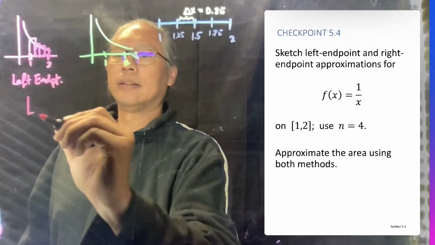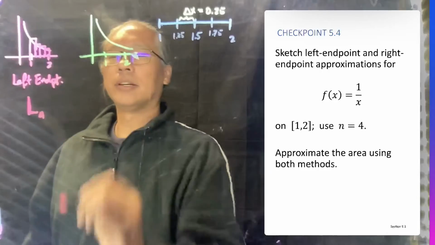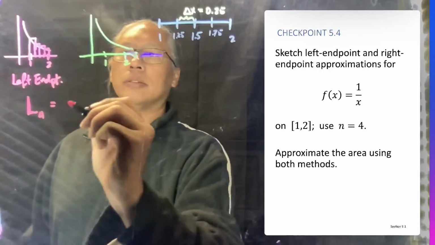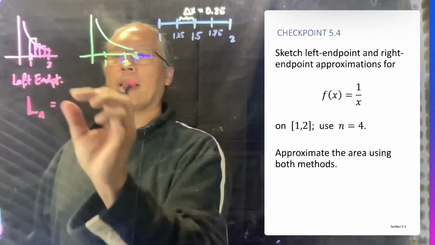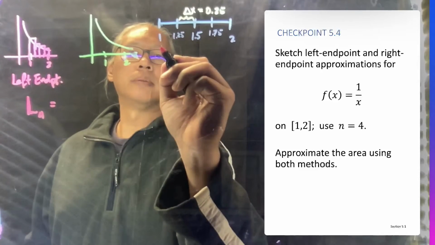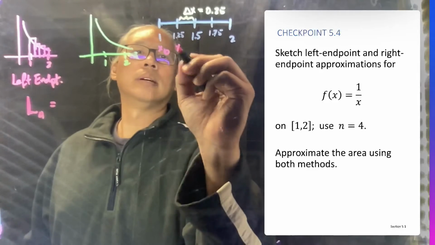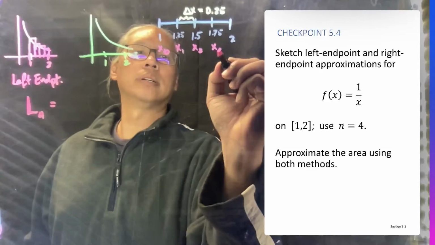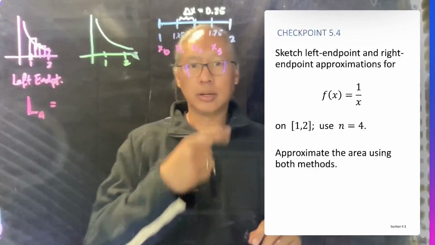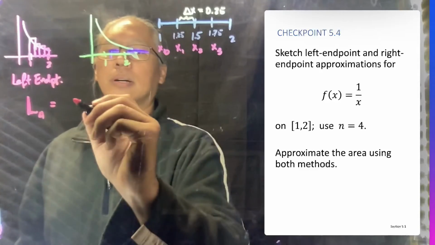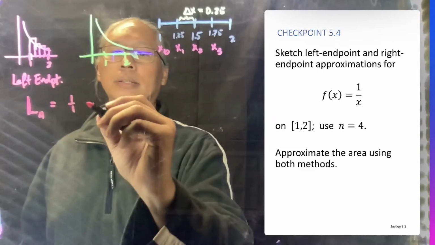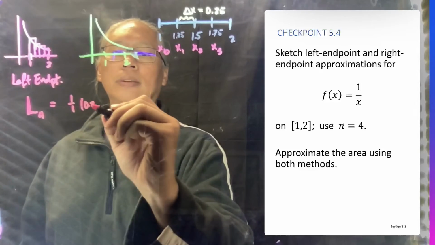Let's go ahead and write this out. I think the notation is L for left endpoint, and then n is 4, so L sub 4 is going to be equal to, now the height of this thing is putting the left endpoint, so this is x0, x1, x2, and x3, putting those values into our function 1 over x. So it's going to be 1 over 1 times the base, delta x, which is 0.25.